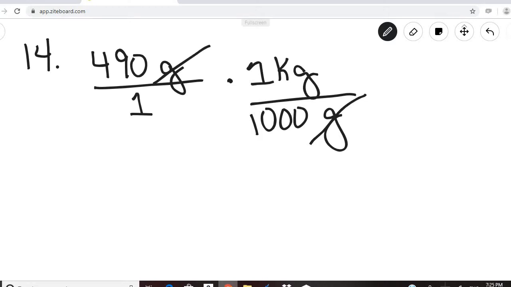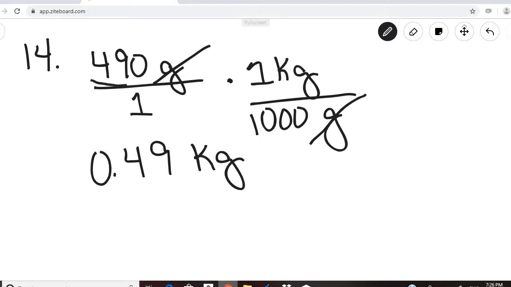So 490 divided by 1,000, and you will get 0.49 kilograms. Okay, so then we look at our significant figures. So this number has 2 significant figures.